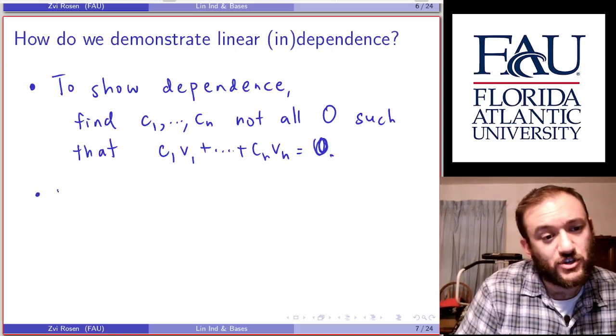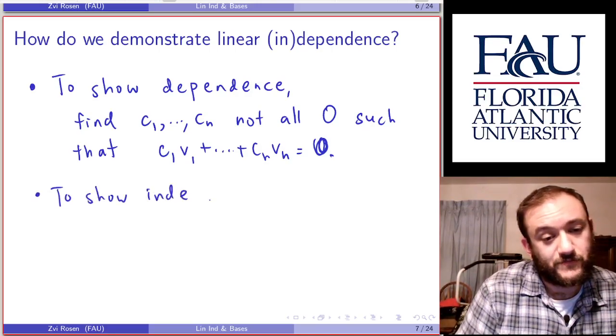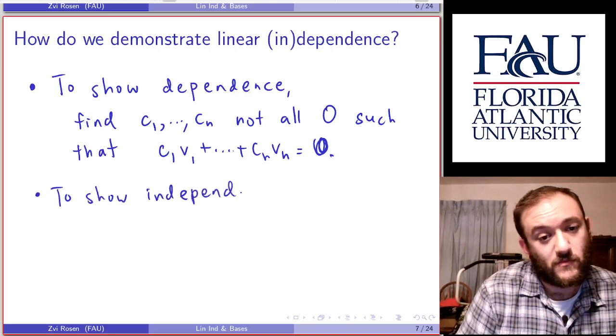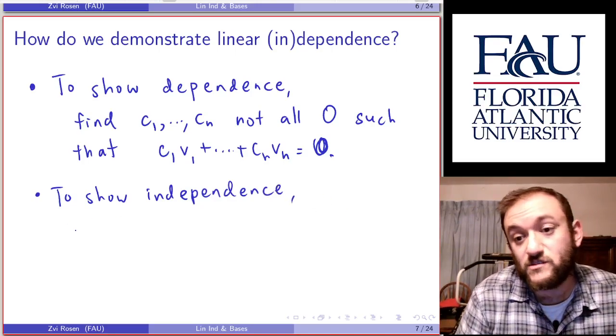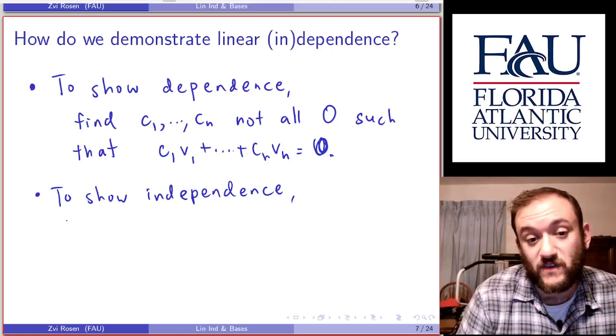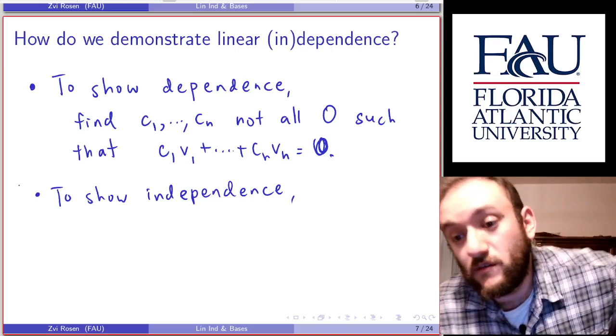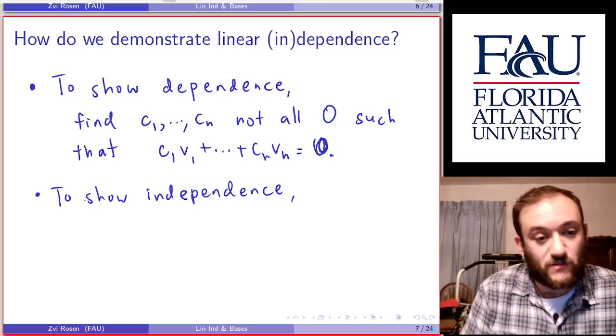On the other hand, to show independence, the way that you do that is start out by supposing c1 v1 plus up to cn vn equals 0, and then deduce that c1 through cn must all be 0.